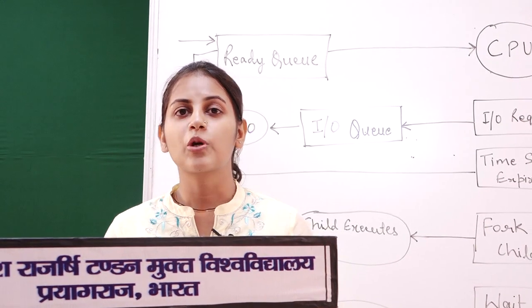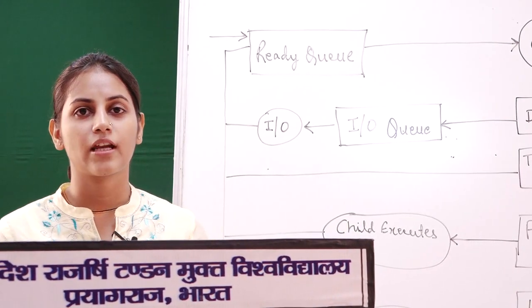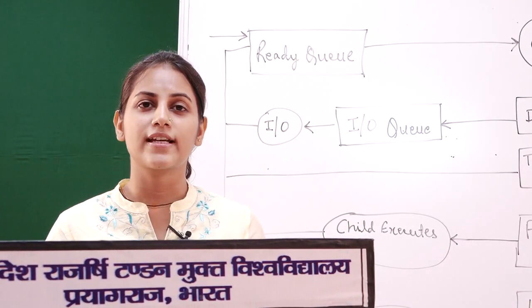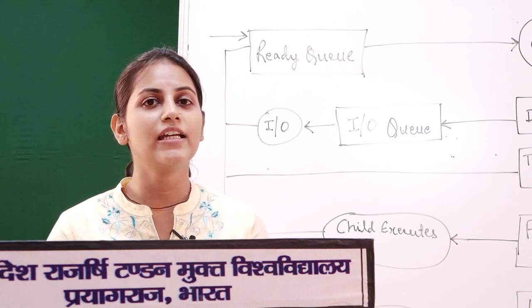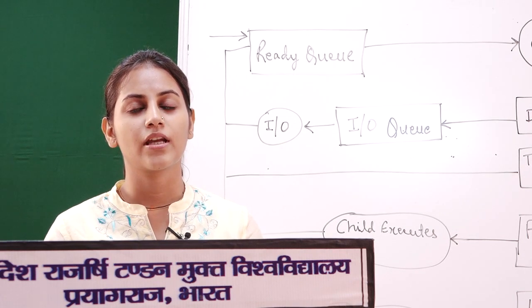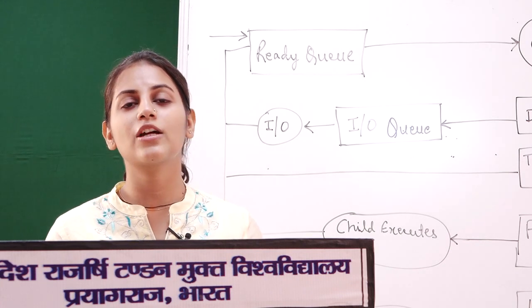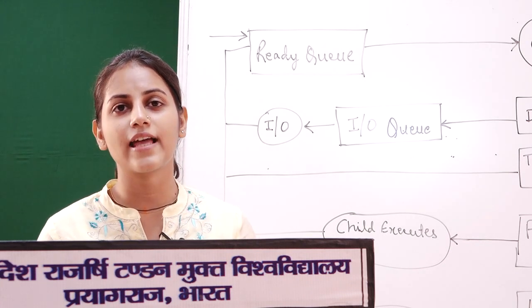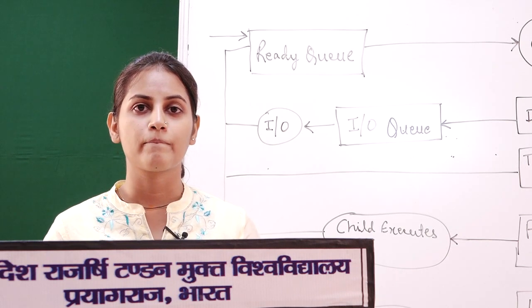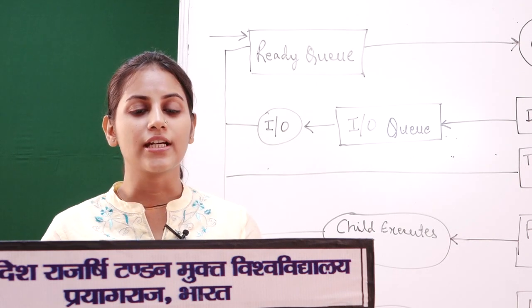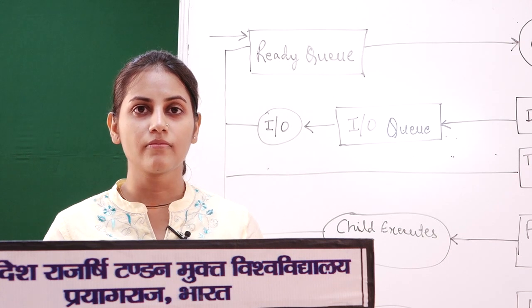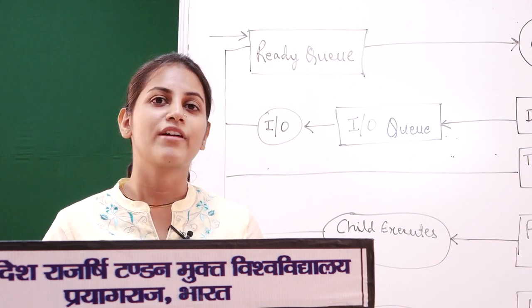Context switching is pure overhead on the system, because while switching the context, the CPU is not doing any useful task. The CPU simply saves the context of the present process and loads the context of the process that is going to run next. And therefore, context switching has to be quick. Context switching depends on various things.